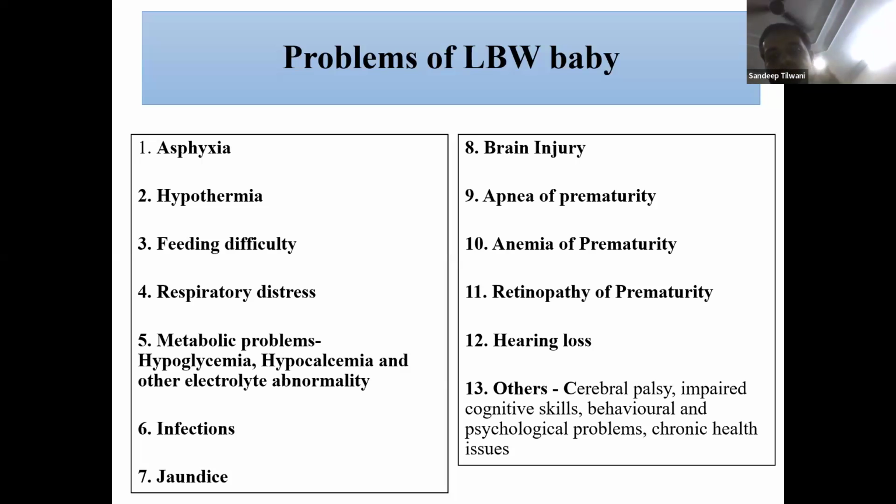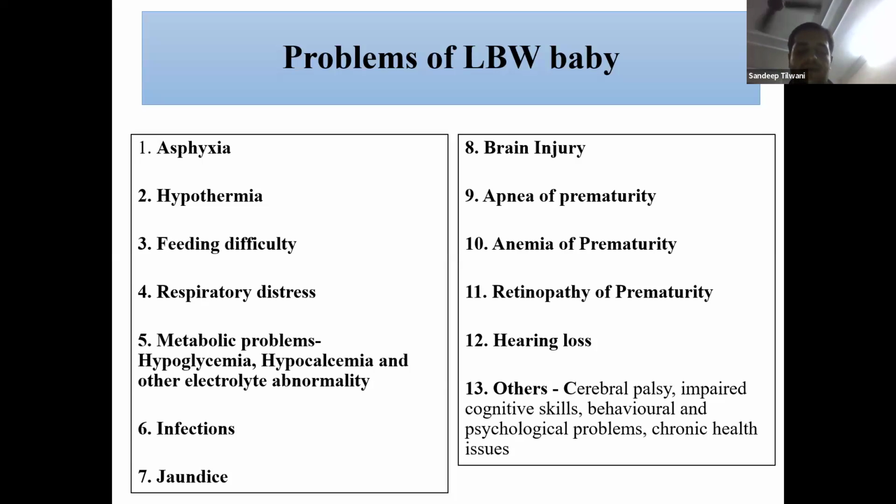It is only during the last trimester, a few weeks before the delivery of the baby, that there is passive transfer of antibodies from the mother to the fetus, and these passive antibodies help to protect the baby once the baby is born. Now, if the baby is born premature or low birth weight, this transfer of antibodies from the mother would be low, and that is the reason why these babies are at high risk for catching infections.